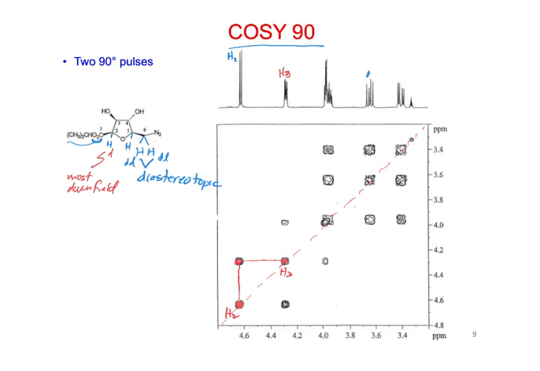We can do it again. We can go horizontal this time till we hit another off diagonal peak. Go vertically, and we hit another one right here. There are actually 2 peaks in here, this taller one and this fatter one.